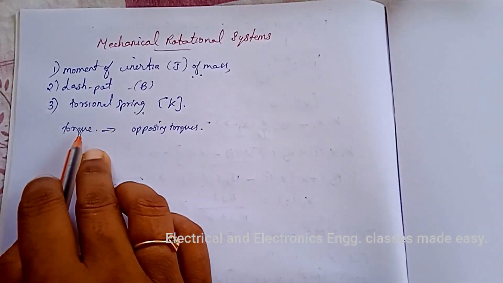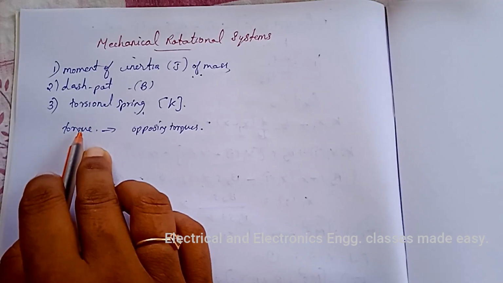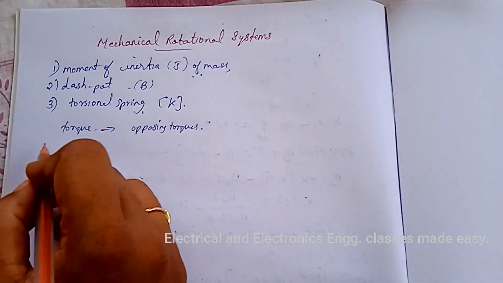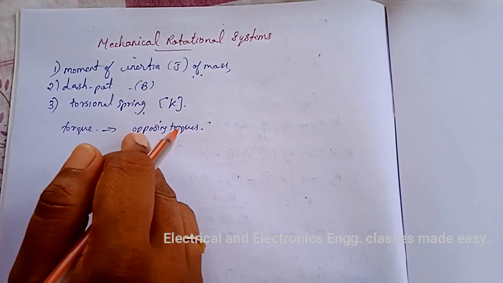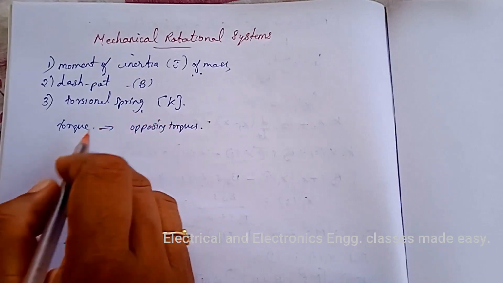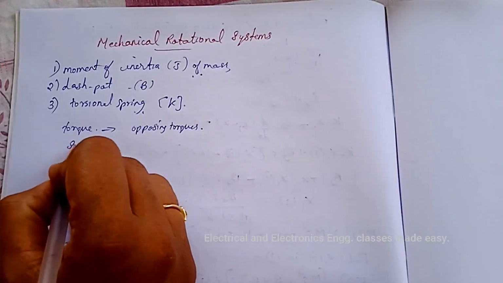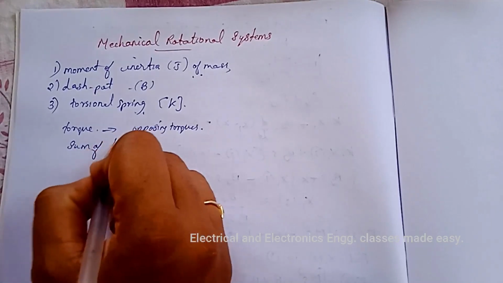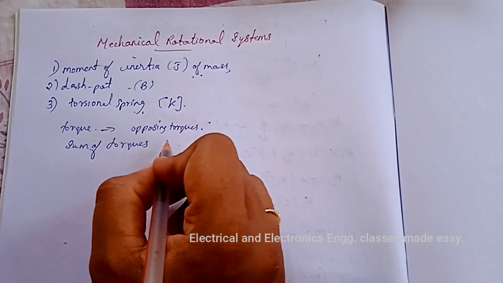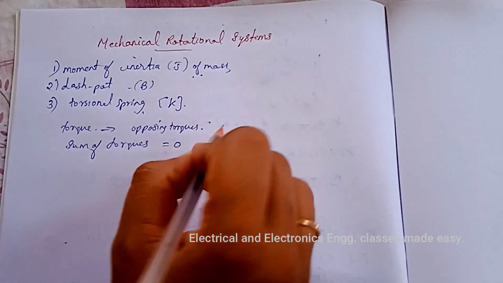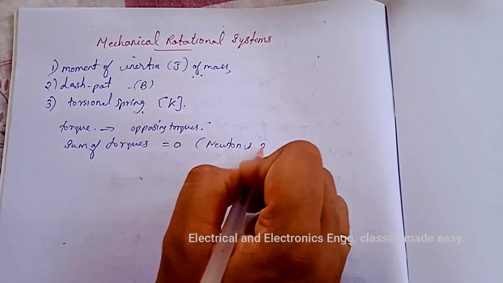The torques acting on a rotational mechanical body are governed by Newton's second law of motion for rotational systems. And it states that the sum of torques acting on a body is 0 according to Newton's second law.